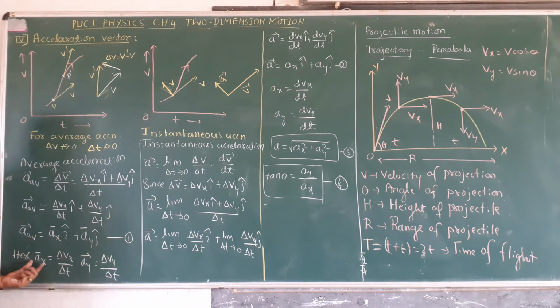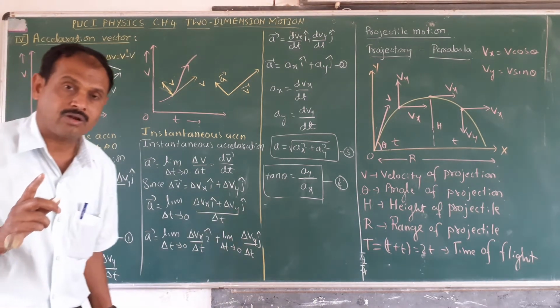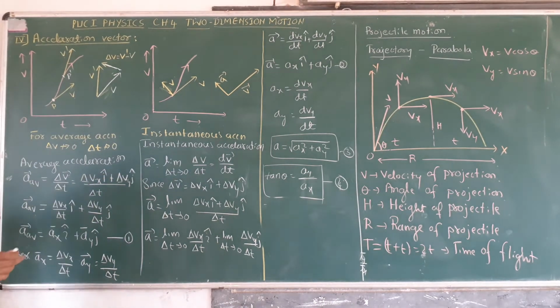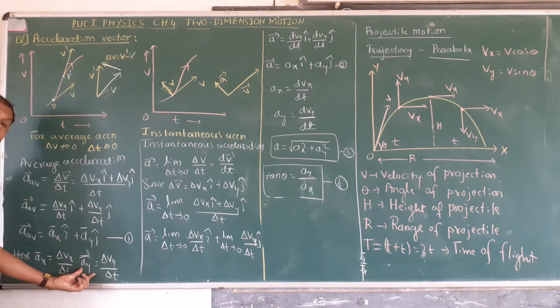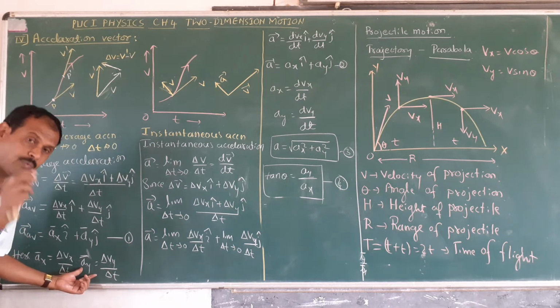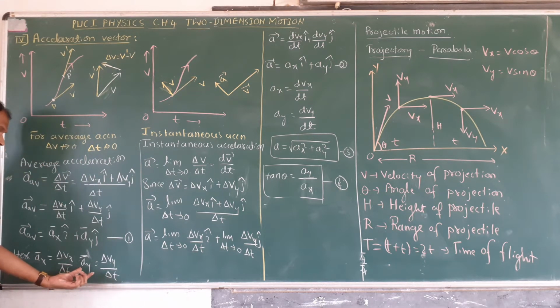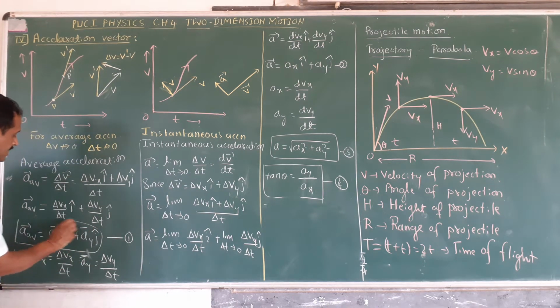Now ax bar is delta vx divided by delta t, which is the average acceleration along the x axis. And ay bar is equal to delta vy divided by delta t. This is the average acceleration along the y axis. Now this is the expression for the average acceleration.